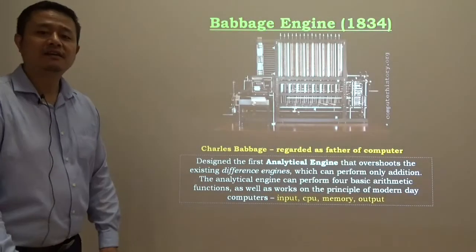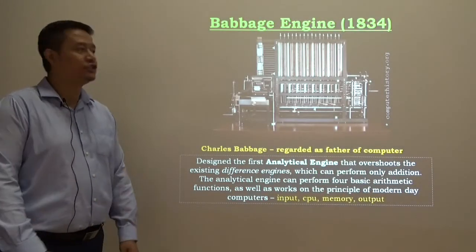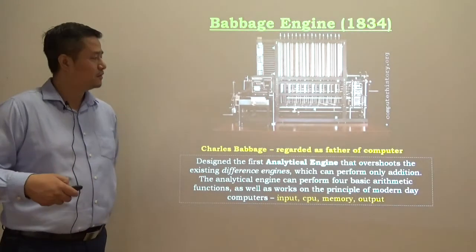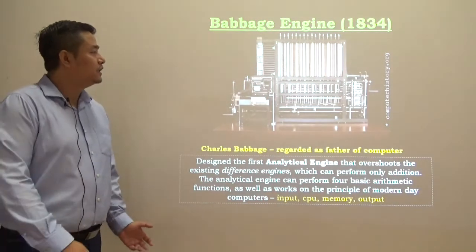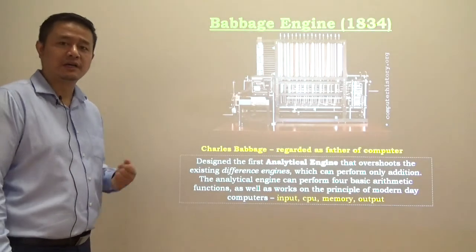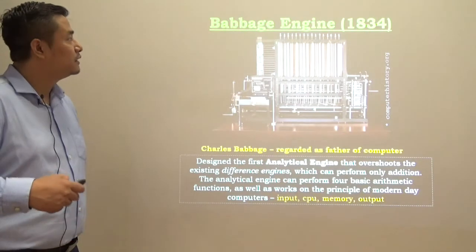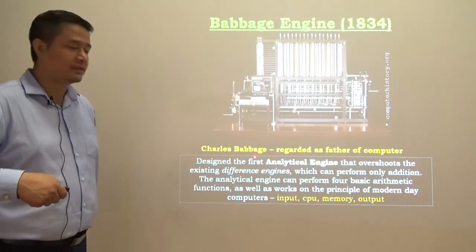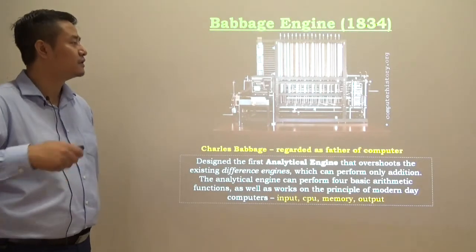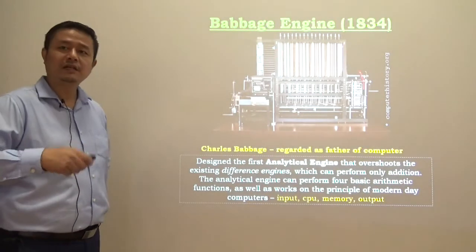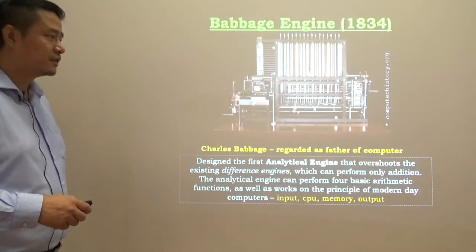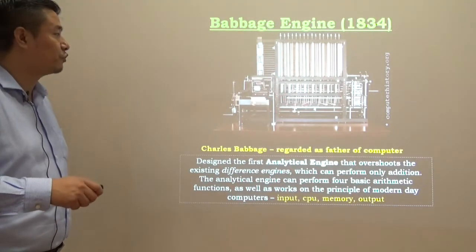Now next comes the Babbage Engine, which was devised in 1834. He did not live long enough to build this engine, but he gave the idea. Charles Babbage is regarded as the father of the computer. This is his idea, the machine that he had foreseen.